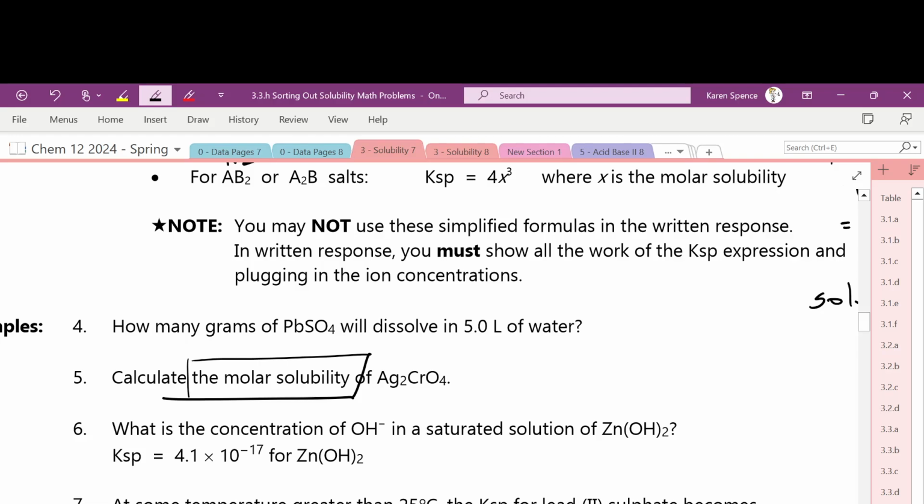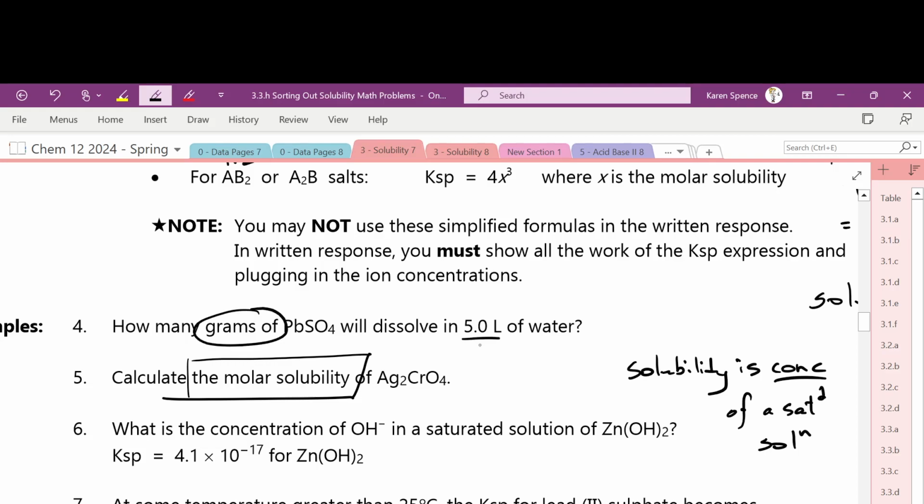Or when it says, what is the solubility? But you have to just remember that solubility is a concentration. So if we're asking how many grams per liter, that is a concentration in grams per liter, right? And you could find moles per liter and then go to grams per liter.